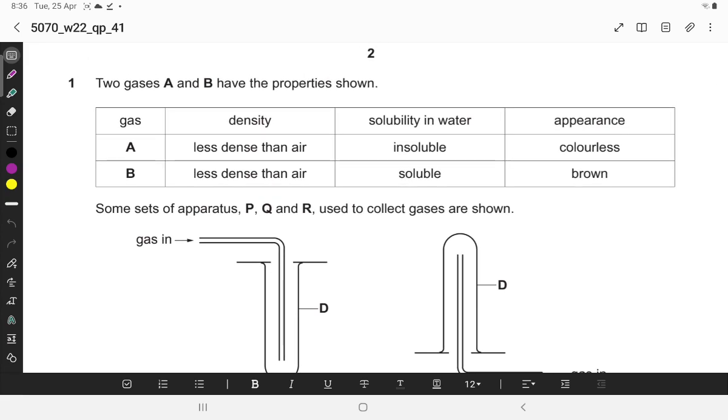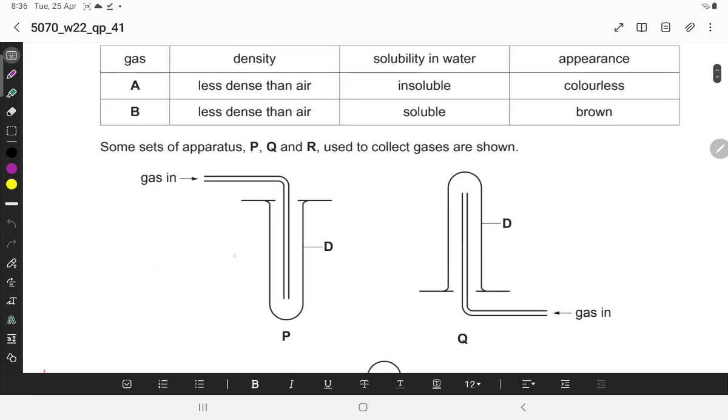So first question is, two gases A and B have properties shown. Gas A is less dense than air, insoluble in water, colorless. Gas B is less dense than air, soluble, and a brown colored gas. Some sets of apparatus P, Q, and R used to collect gases are shown.